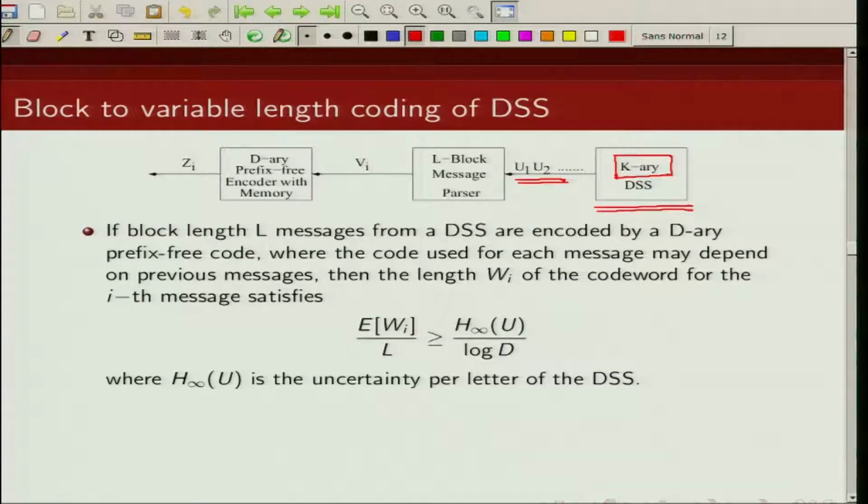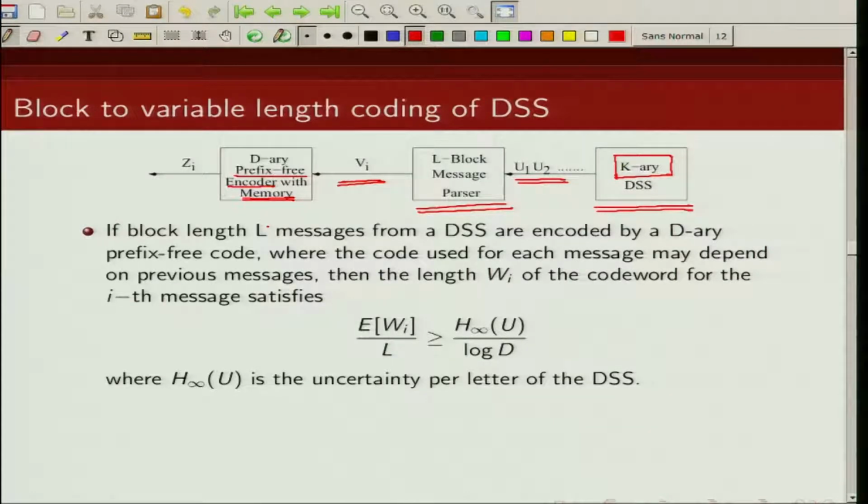Now since we are talking about block to variable length coding, this source is parsed into blocks of fixed length, and that's blocks of length L. Now these blocks are fed to a prefix free coder. Since the sequence is coming out of a discrete stationary source which has memory, we need to design a prefix free encoder which will exploit this memory.